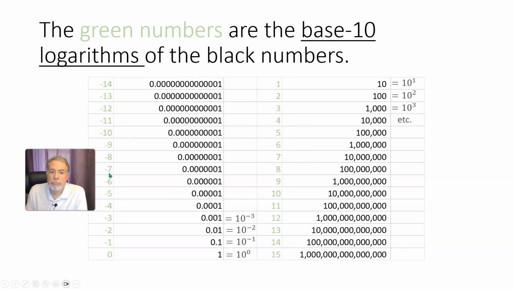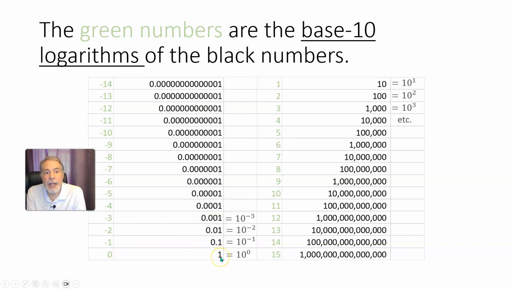And we don't have to limit ourselves to positive powers. We can have negative powers or 0 powers. After all, 10 to the 0 power is 1. And 10 to the negative 1 power is 1/10 or 0.1. And 10 to the negative 2 power is 1/100th or 0.01. 10 to the negative 3 power is 1/1000th or 0.001.